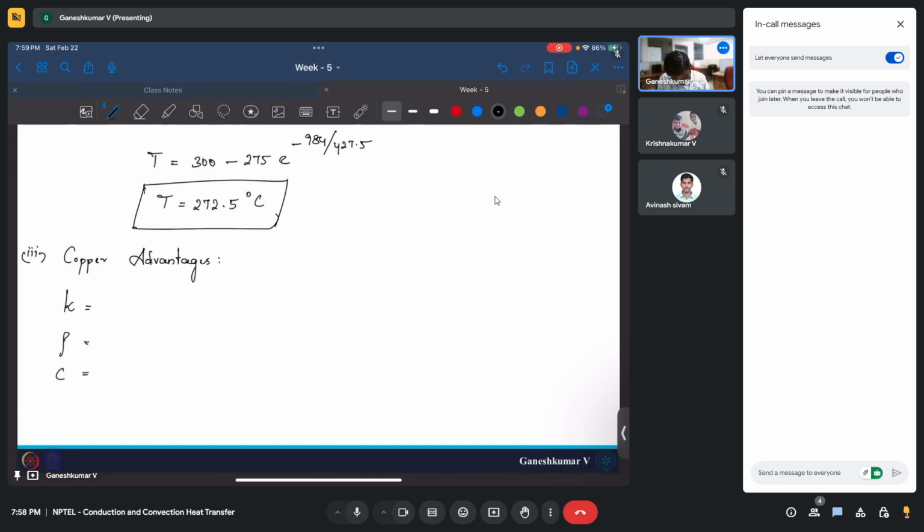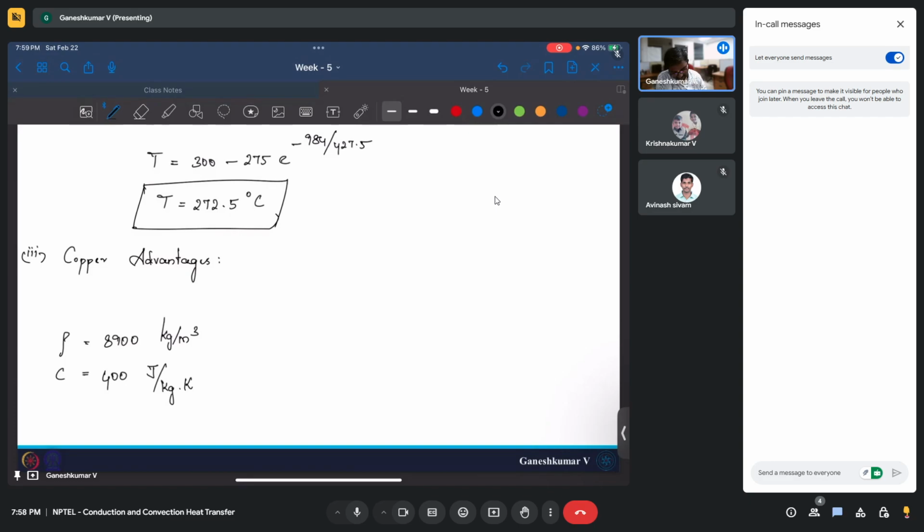Rho is 8900 kg per meter cube, and Cp is 400 joules per kg Kelvin, and K, I don't think we need it.